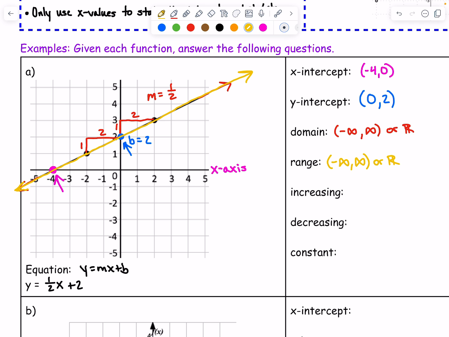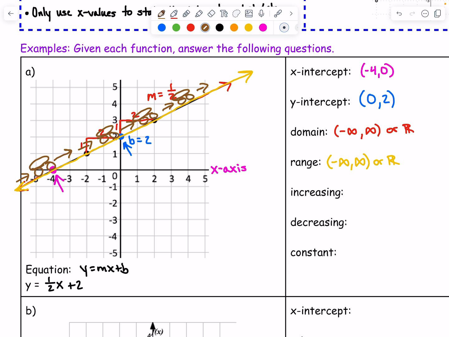Then let's look at the new ones, increasing, decreasing, and constant. What I like to think about is if I was driving along in a car, that's a very fancy car, from left to right, what's happening as I'm driving? Am I going up? Am I going down? Or am I neither going up or down? This graph definitely looks like I'm just going to go up the whole way. So the whole entire graph is increasing.